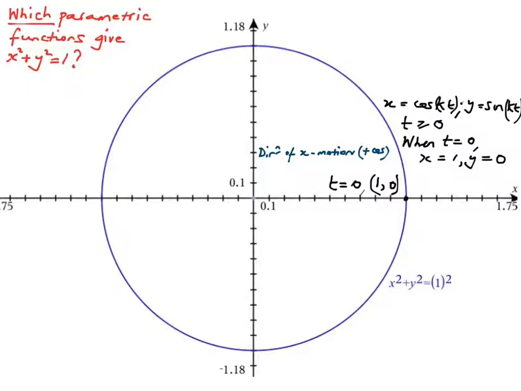Now I'm going to draw a little graph up here of x is cos kt. You've got x written on the vertical axis, and t written on the horizontal, because this is a parametric equation.